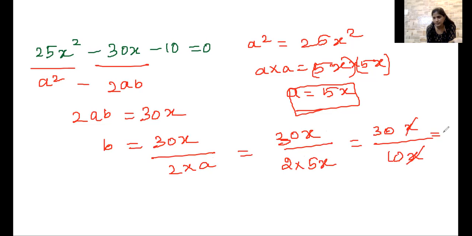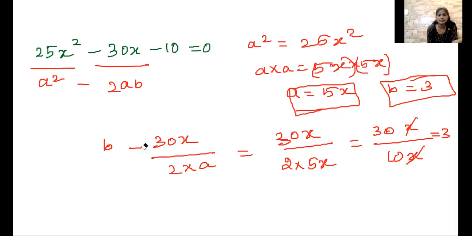If you simplify this, you'll get the answer as 3. So that is b. By equating the first term to a square and the second term to 2ab, we found the values of a and b. That is step 1.